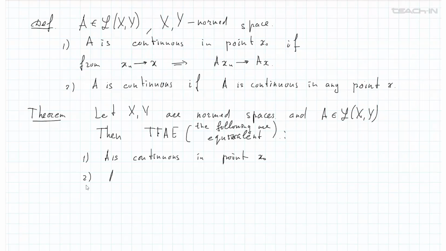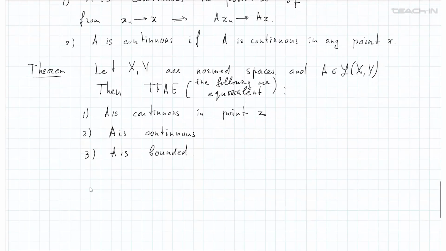Second, A is continuous, and third, A is bounded. So the continuity of an operator, for linear operators, is a synonym for the boundedness of the operator from this theory. So it is the main property of a bounded operator.